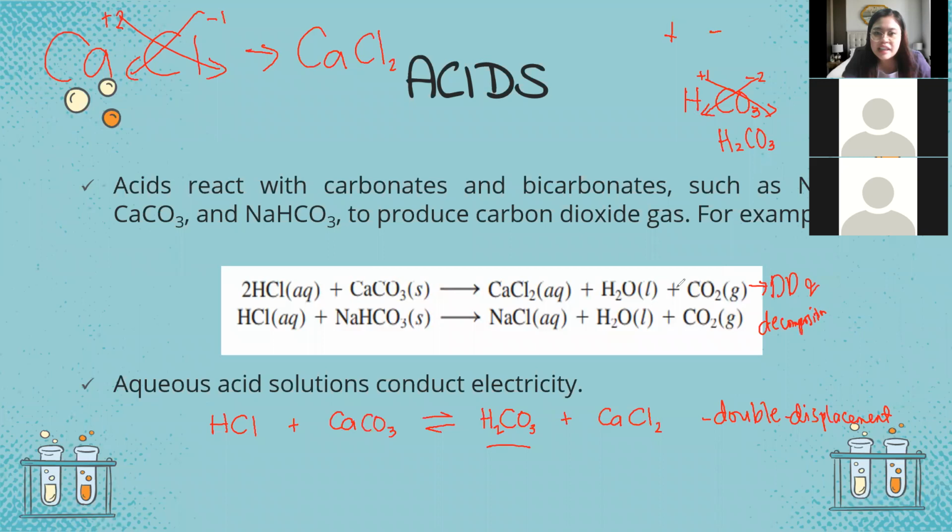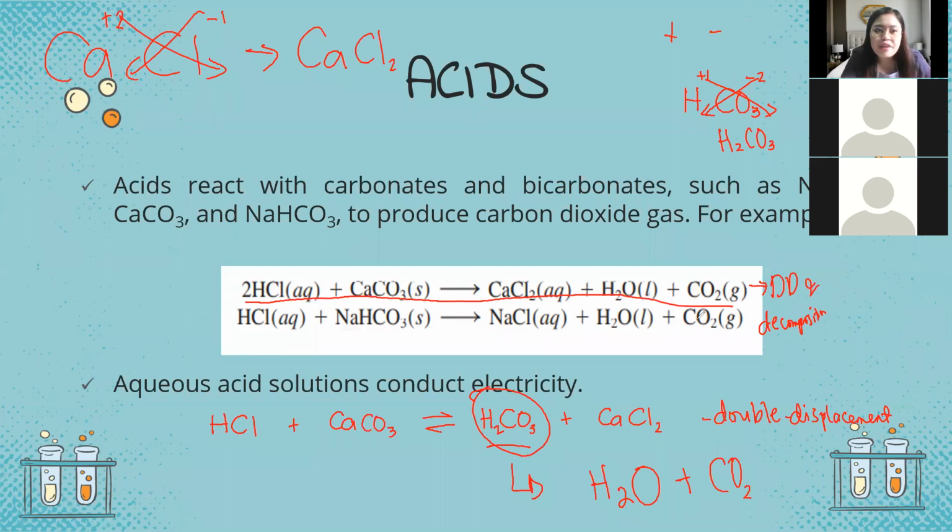So anong nangyari? Nag-decompose si carbonic acid. Pag-decompose niya class, naghiwalay yung mga components niya, and ang naghiwalay dyan ay ang water and ang carbon dioxide. So naging ganito yung kanyang equation. So this is also possible.